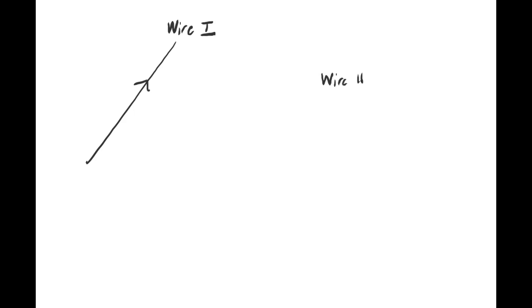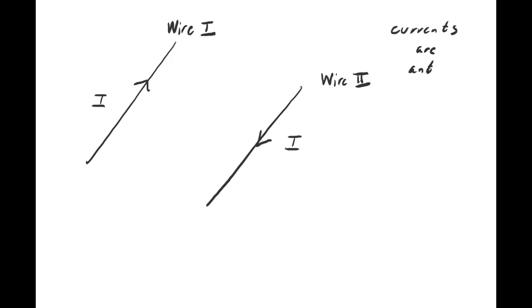Now I have a wire 2 in my system, but I will set it up so that the direction of the current in this wire is anti-parallel to the direction of the current in wire 1. So the currents in this experiment are anti-parallel.